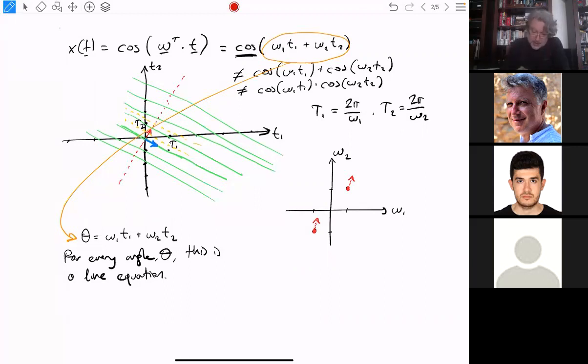So for every angle theta, this is a line equation. Therefore, the equal angle terms are forming lines, and therefore cosines of those angles will also form lines.